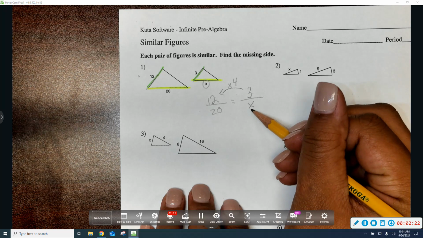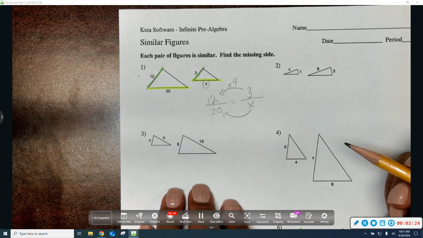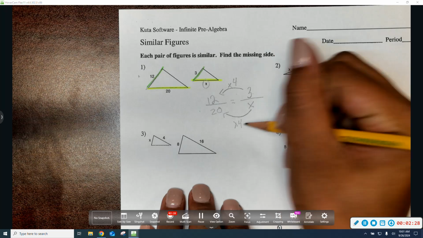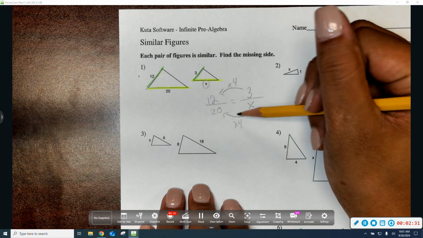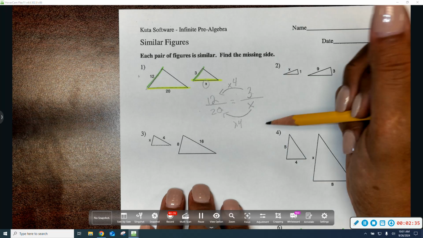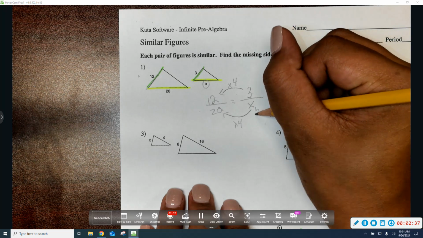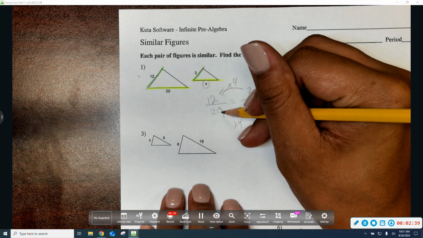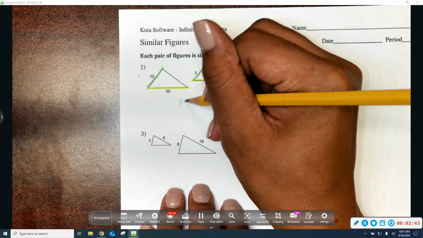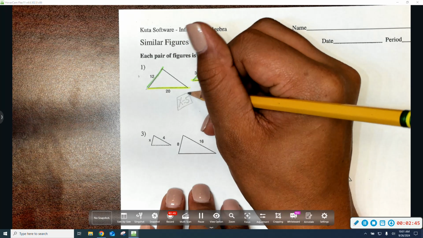Whatever I do to the top, I do to the bottom. So some number multiplied by 4 has to equal 20. I know that 5 multiplied by 4 equals 20. Therefore, X equals 5.